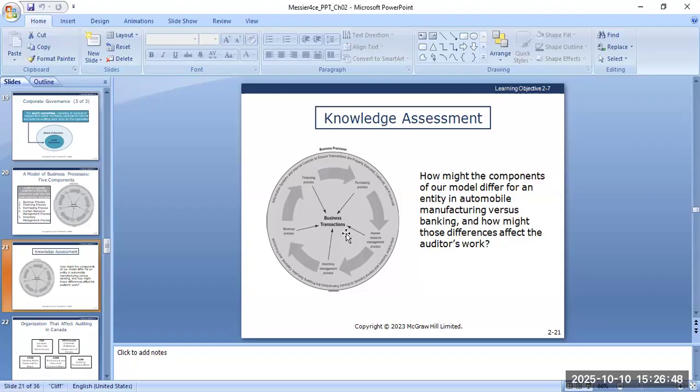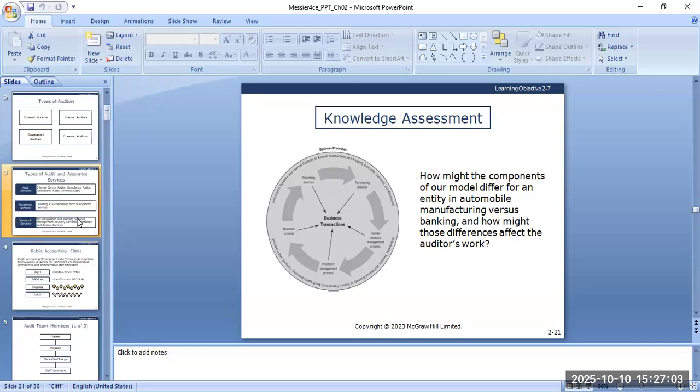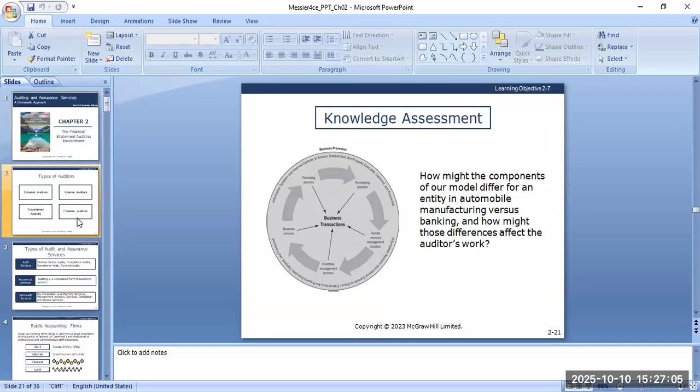Everything else is just a basic explanation of the audit profession, who the auditors are, what rules and which standards they have to follow. So chapter 2 is basically some additional knowledge that you may gather about the auditor. Let's move on from chapter 2 and jump to chapter 3 now.